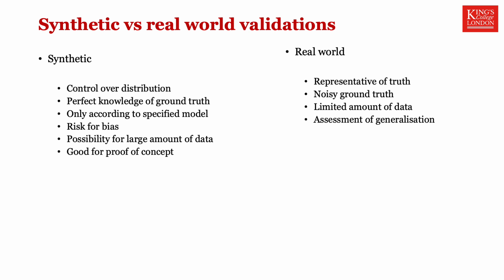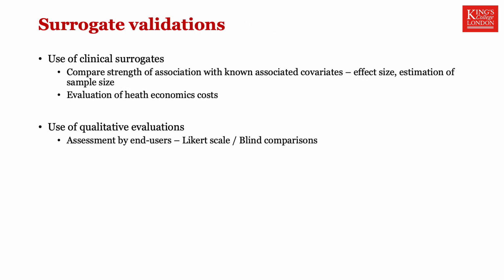A last way of doing validation, this time not based on metrics of evaluation that depend on a reference or on a ground truth that may be difficult to get, is to use surrogate validation. Because in medical imaging and in medical practice, what's important in the end is the clinical application.